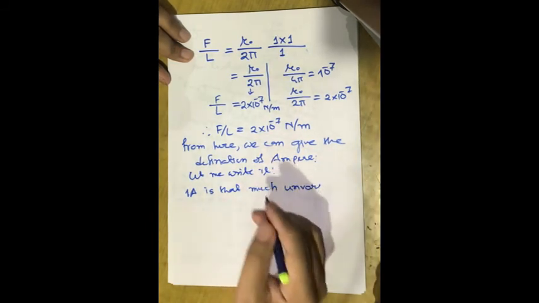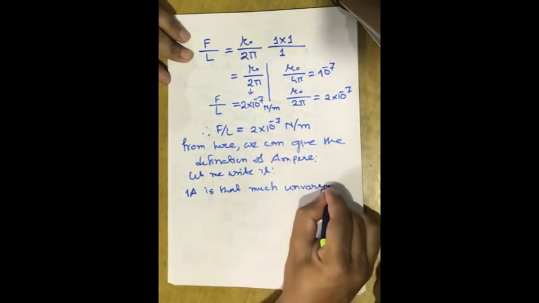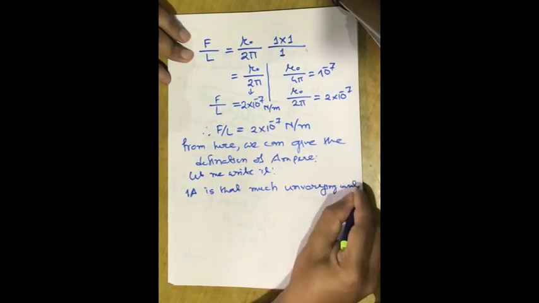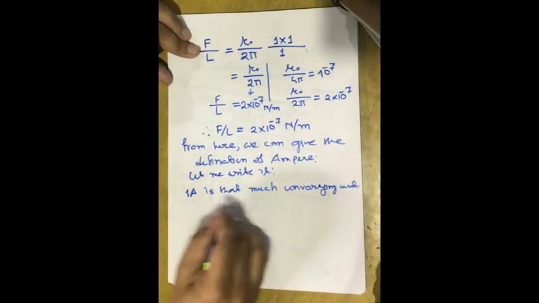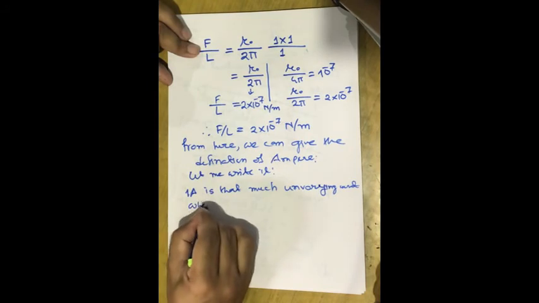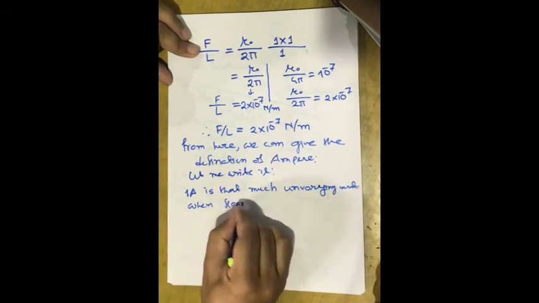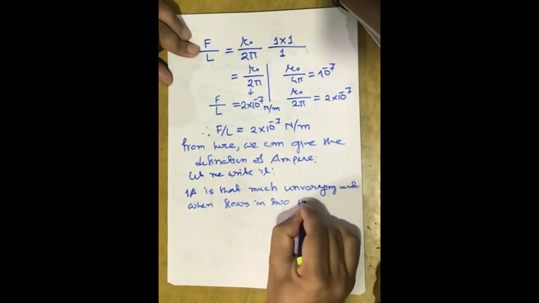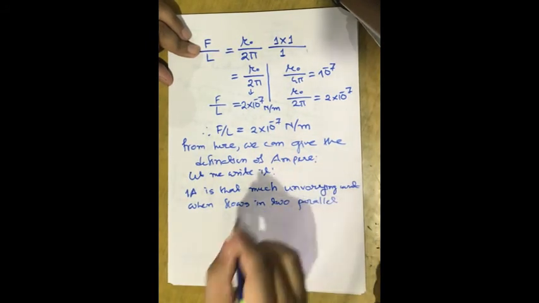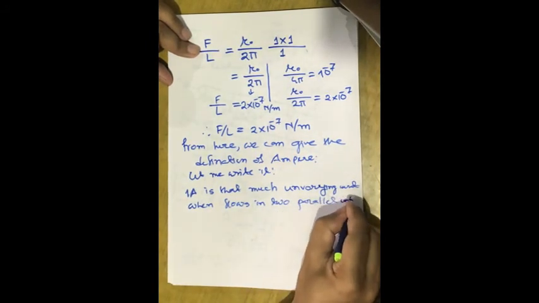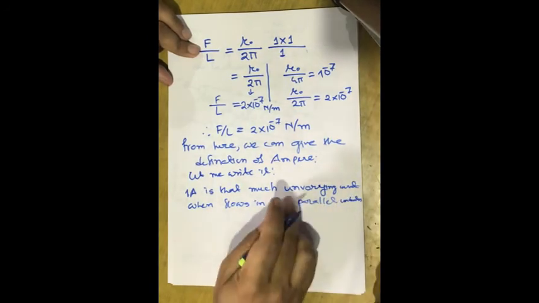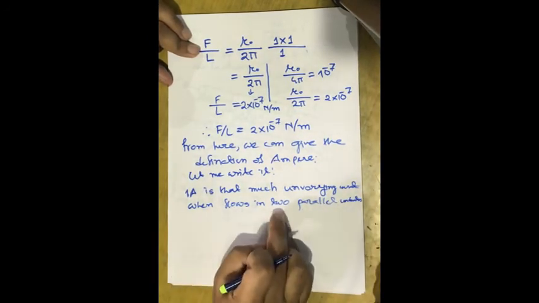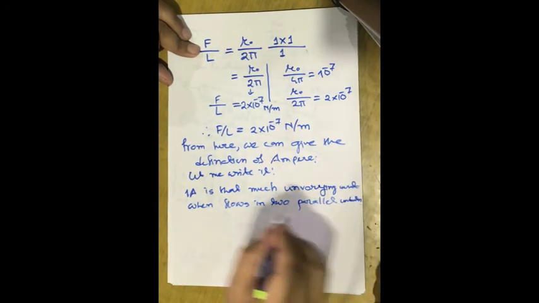It's a DC current. 1 ampere is that much unvarying current when it flows in two parallel conductors. Parallel conductor means current in the same direction.